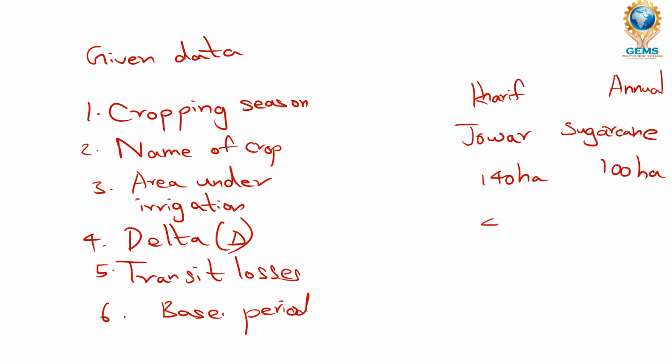The delta is 45 centimeter for jowar, and for sugarcane it's 180 centimeter. Transit losses are 20% for jowar, and 40% for sugarcane.